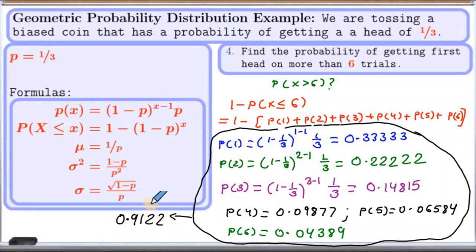And we still need to subtract this whole thing from 1. So the probability comes out to be 0.0878.